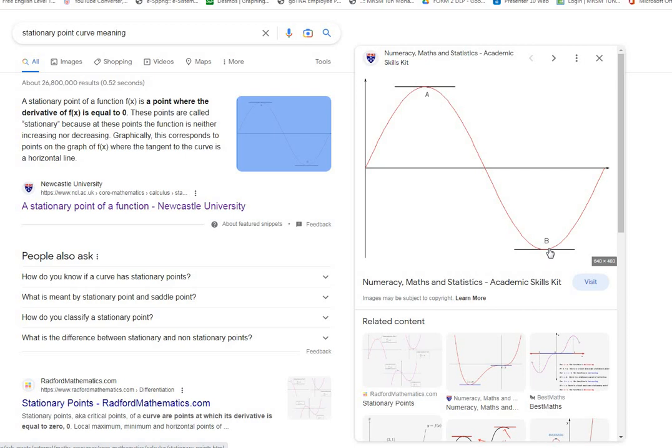The point in between the positive and negative gradients, where the gradient is 0, is the turning point. That turning point is also known as the stationary point.